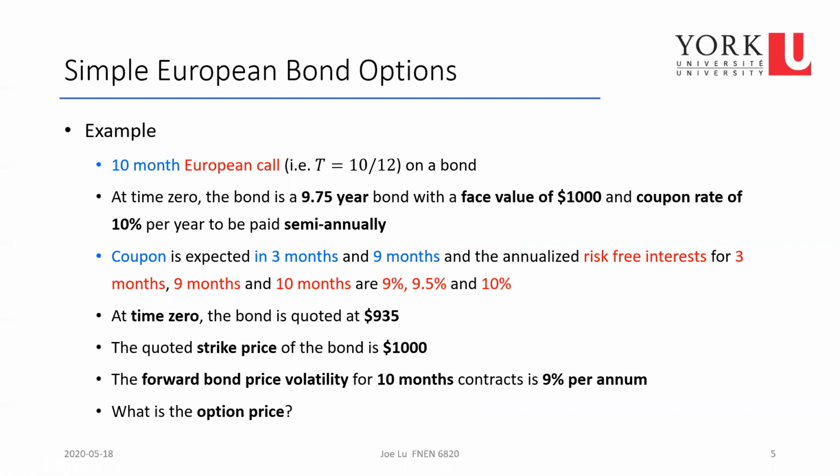So, the bond is almost 10 years away, and we're only looking at 10 months from today. So in a situation like this, the simple approach will give you a good approximation of what the European bond option value is.